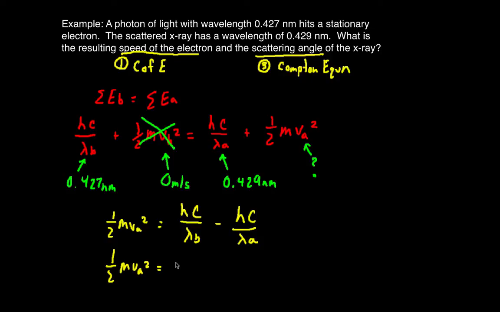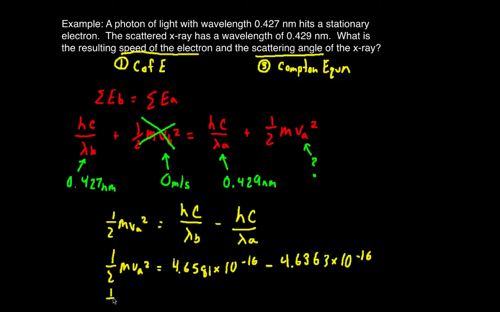This is equal to 4.6581 times 10 to the negative 16 minus hc over lambda after, which is 4.6363 times 10 to the negative 16.